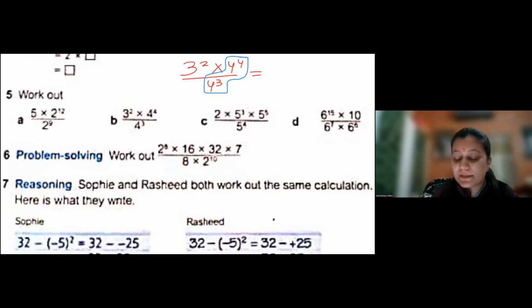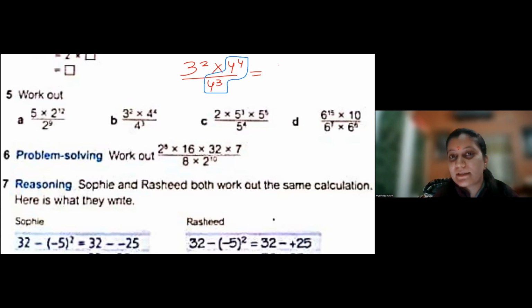Tell me the final answer. We have to add the powers, right? See, first of all, we will solve which two numbers first, which are the same bases. Okay. Then 4 to the power of 4 divided by 4 to the power of 3 gives 4 to the power of 1. And then 3 to the power of 2 into 4.